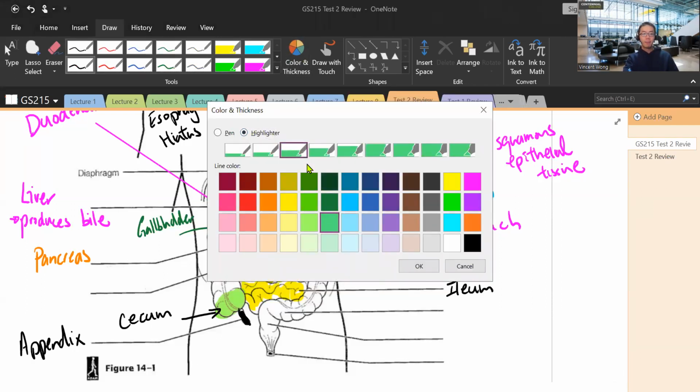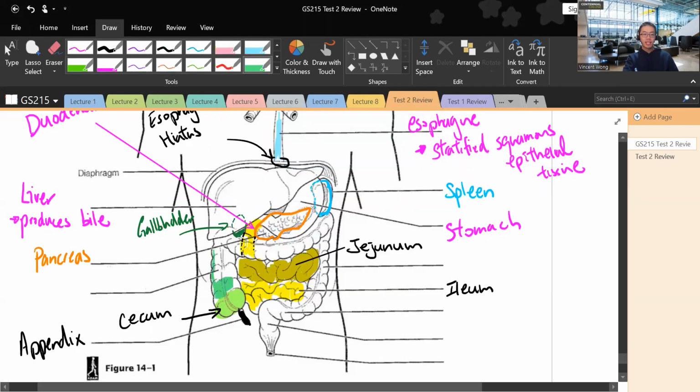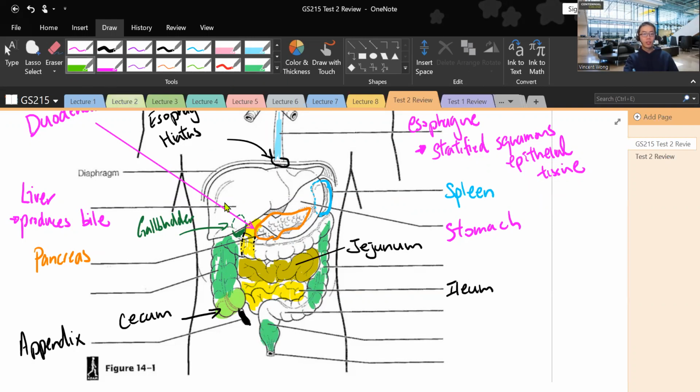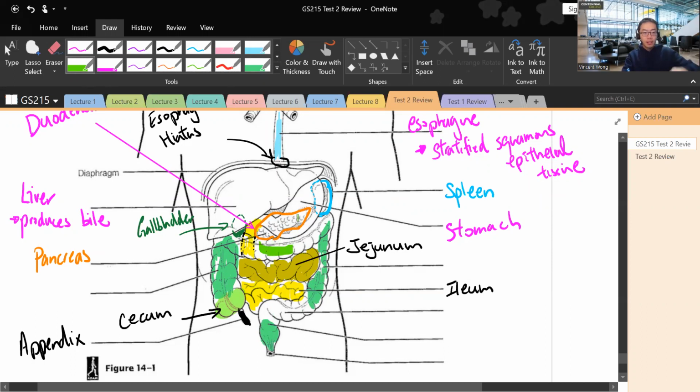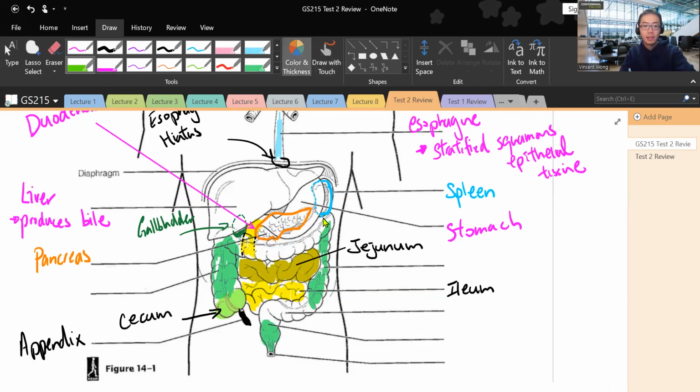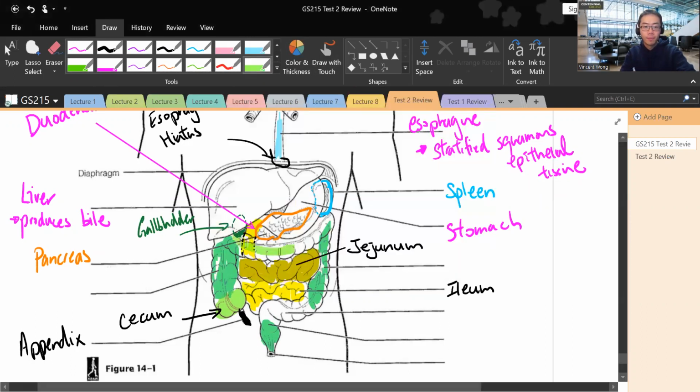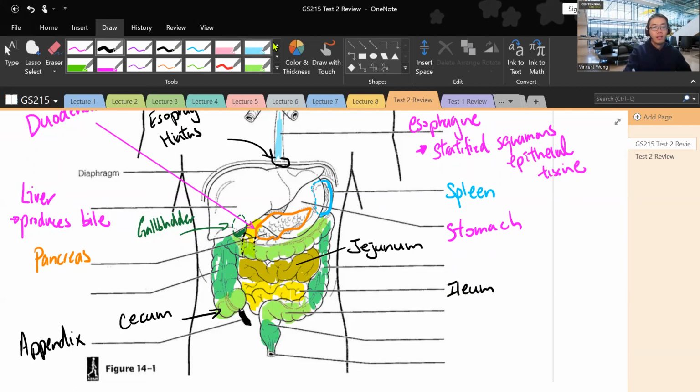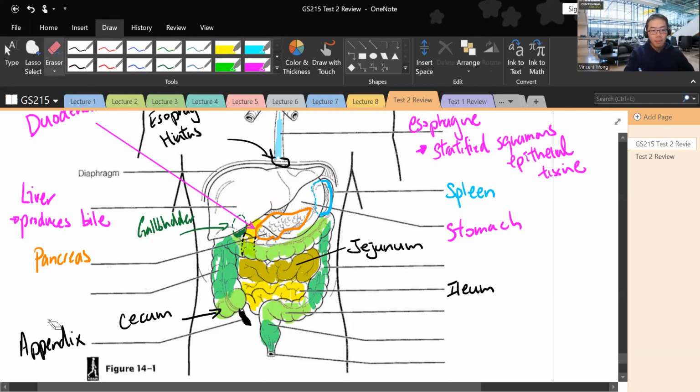I'm going to keep going up here. We have the ascending colon, transverse colon, and then we have the descending colon. I'm just going to color all the parts in alternating colors so you can see. So going up, that's the ascending.